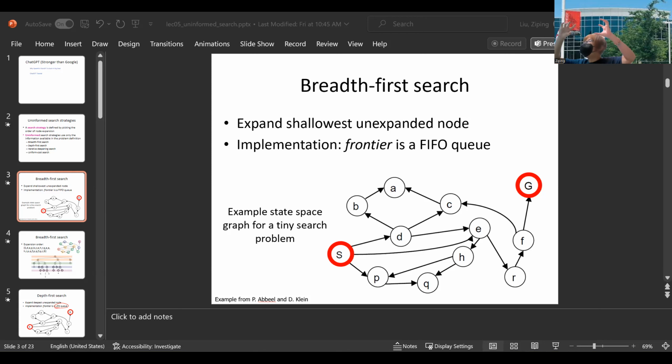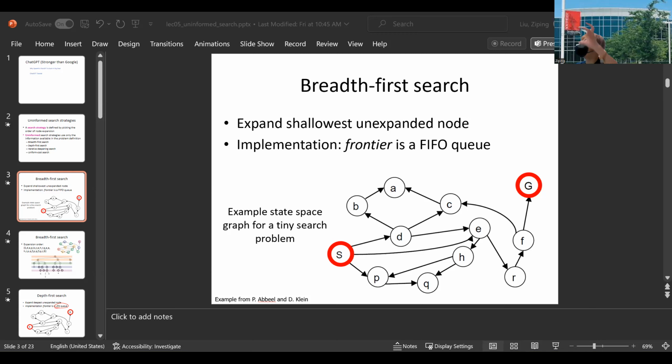At the beginning, the frontier queue only has S. Then, first in, first out, you take S out to expand it, and you add its 3 neighbors. Who are the 3 neighbors? D, E, and P.